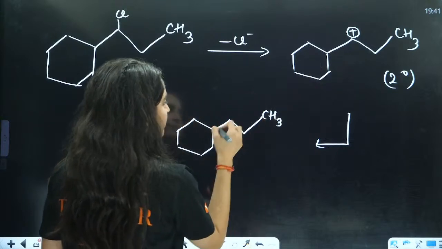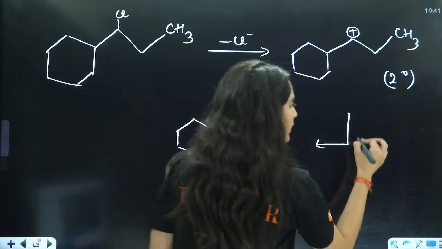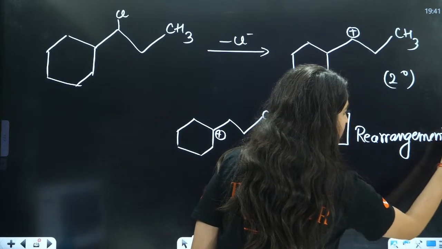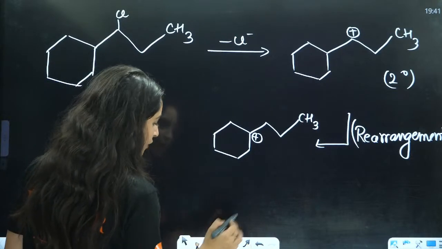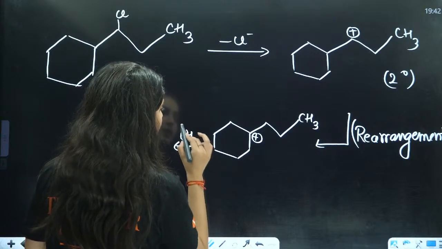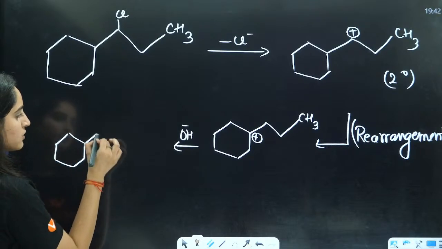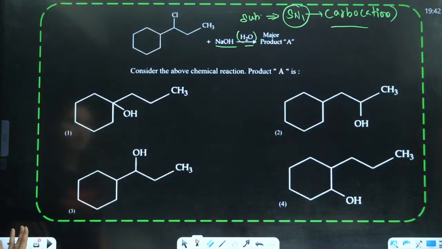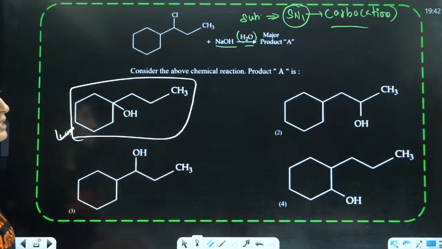So basically we have done rearrangement of carbocation here. After this, this OH negative will be added here, and hence you will have this answer. Let me see which is correct. So first is the correct answer. This is the exact thing that we drew here.